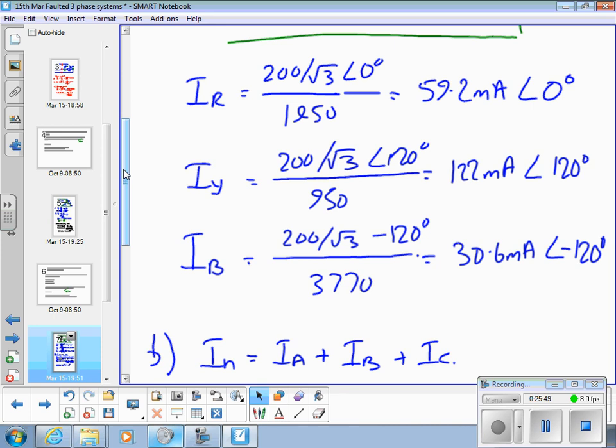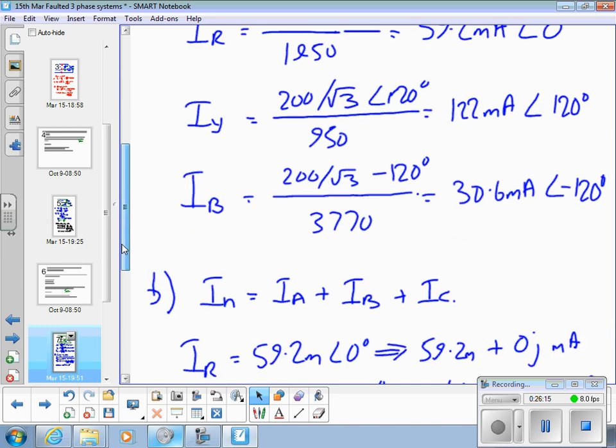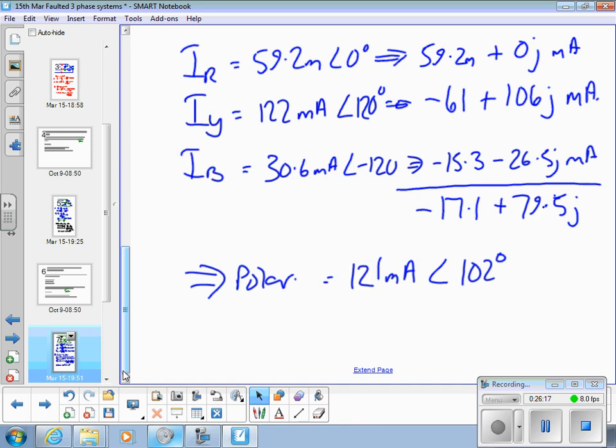Mine's 0, minus 120, minus 240. Christian's is 0, 120, minus 120. I think the middle one is the opposite. That's the angle factor. If you've done them a slightly different way round, the angles at the end are different. What we're interested in here is that it causes a current to flow.